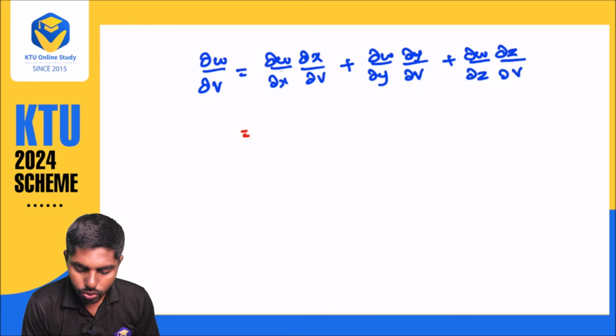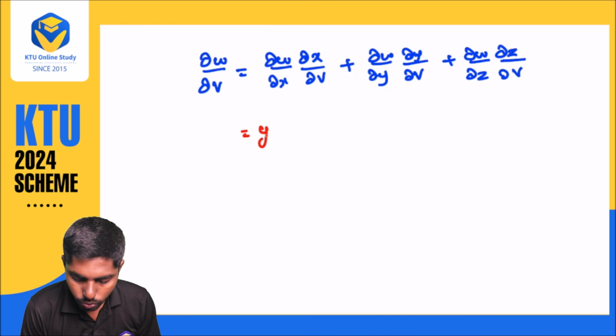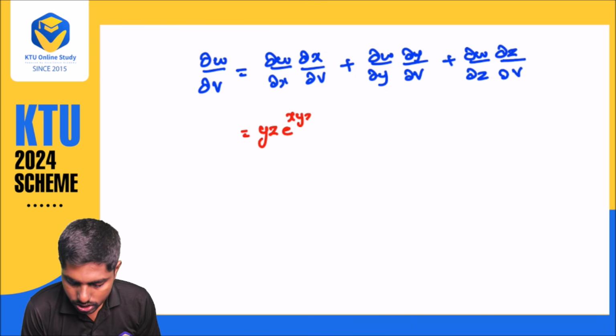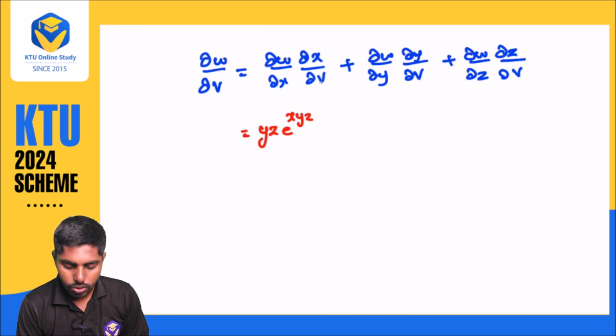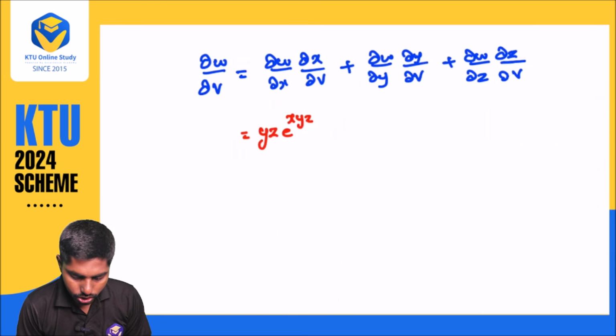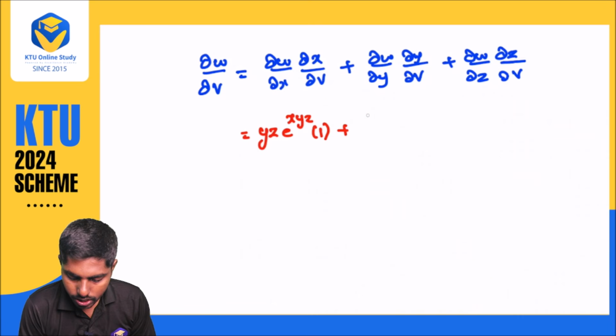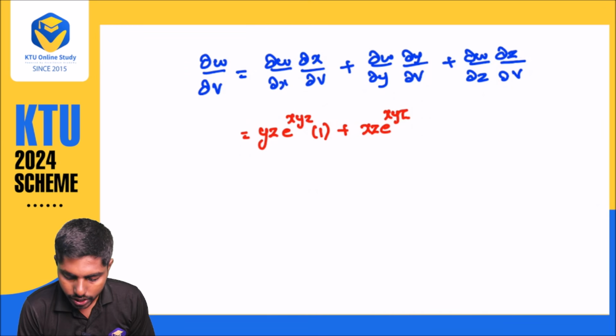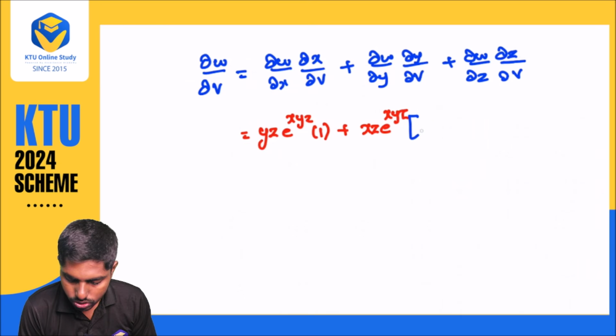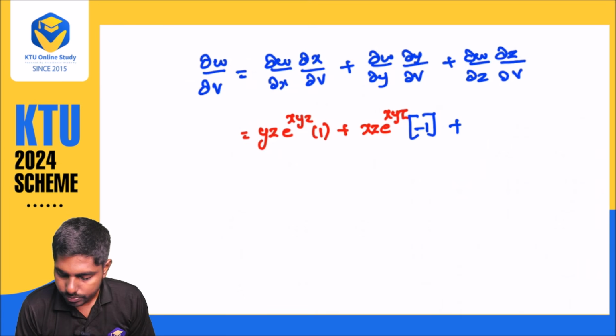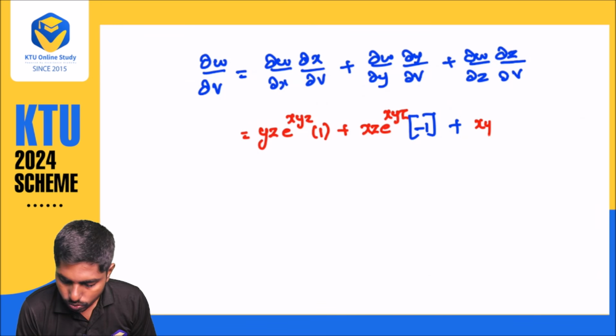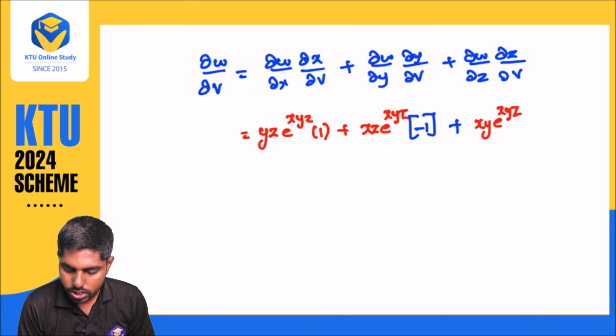We know the value of ∂w/∂x is nothing but yz e^(xyz). ∂x/∂v is 1, so we are getting 1 plus here xz e^(xyz). ∂y/∂v we are getting minus 1. So minus 1 plus ∂w/∂z is nothing but xy e^(xyz). ∂z/∂v is nothing but u square into 1.